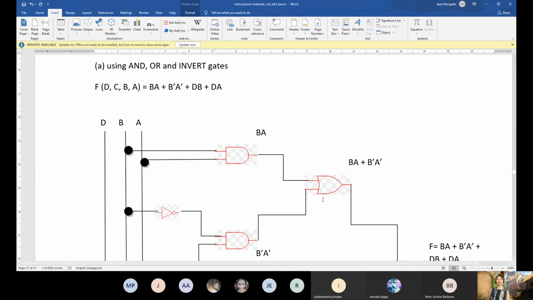Okay, then to tie those terms together, BA is one term, then the second term, third term, and fourth. To tie them up, you need an OR gate.